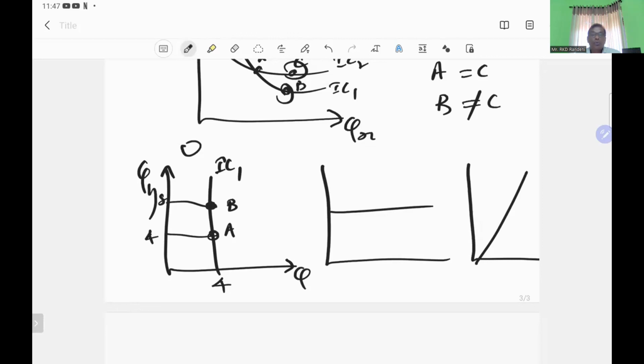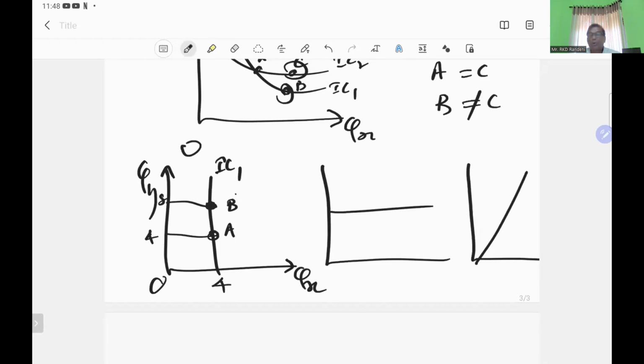Then there are two points, A and B. At point A the commodity bundle is 4 from Y and 4 from X. At point B it is 8 from Y and 4 from X. Which point are you going to select? Yes, point B. Good.